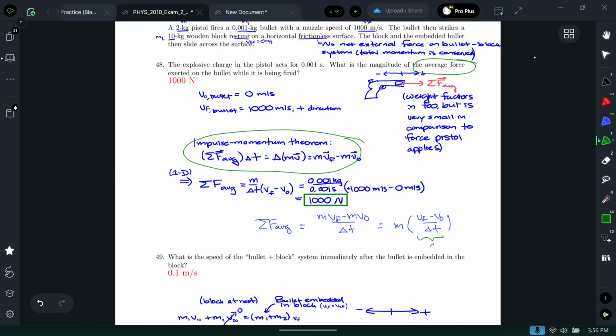Well, that's acceleration. This is just F equals ma. It's just the added step of you can use the average acceleration if you're only concerned about the average force, and that's all that is really necessary to consider when we're talking about impulse and momentum conservation.